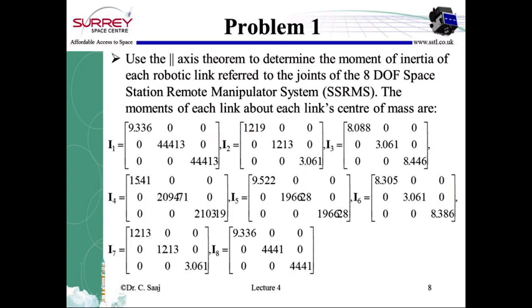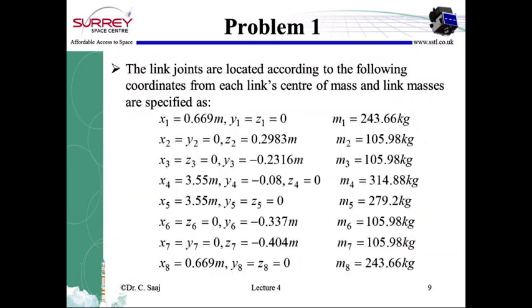To find this, you're also given additional details such as the position of each link's center of mass and the corresponding masses of the individual links. This being an 8 degree of freedom system, you have 8 individual masses, and you're also given the corresponding XYZ coordinates for the center of mass of each link.